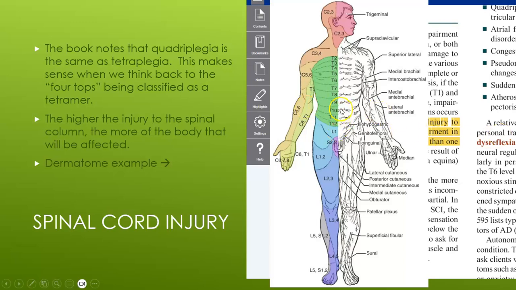What ends up happening is the nerve root itself affects everything else downstream. So we're talking about the actual regions of the spine and also the dermatomes that are affected. So it looks a little bit different than what you might see in terms of cervical, thoracic, lumbar per se. Down here, it's the dermatomes on the skin.